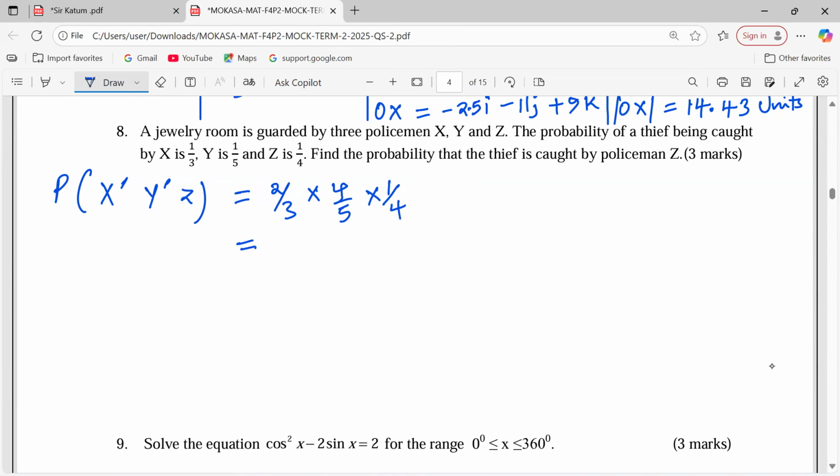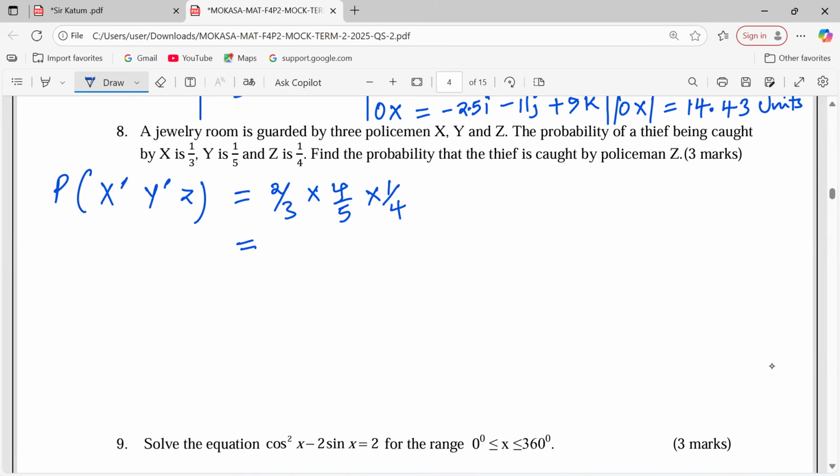If we have the probability of them catching the thief, then what is the probability of them missing the thief? I don't know the kind of company here which is storing very expensive jewelry, but the probabilities of the policemen they have employed to catch a thief is too low. I thought the probability of catching the thief should be higher than missing, because when X is just a third, it means there is 2/3 of missing. Then Y can catch a thief at a probability of a fifth.